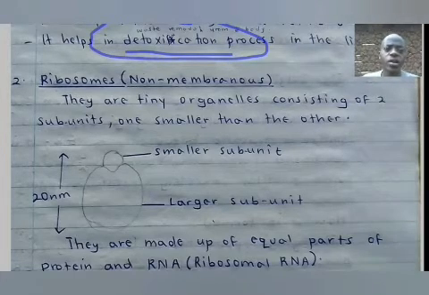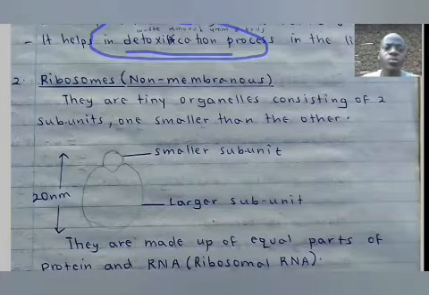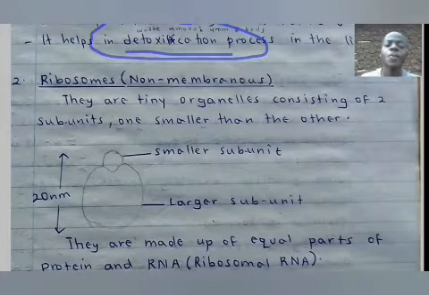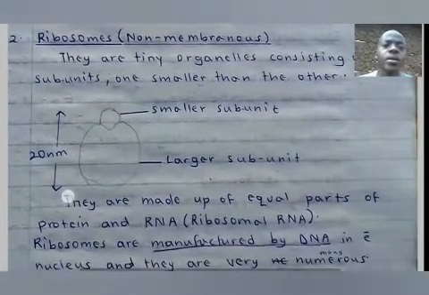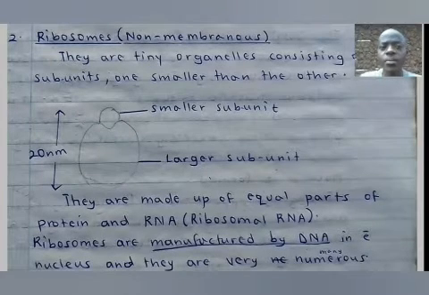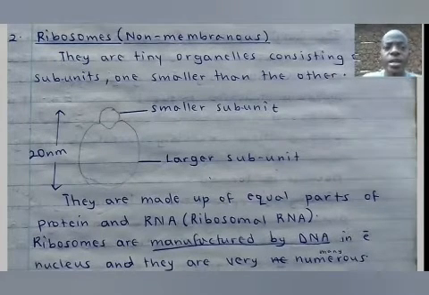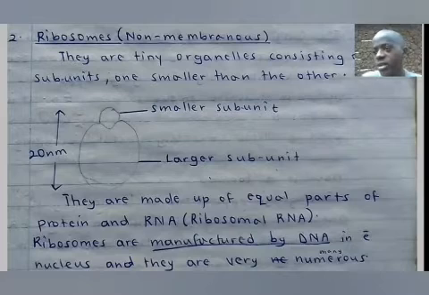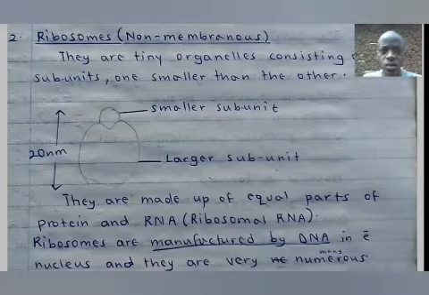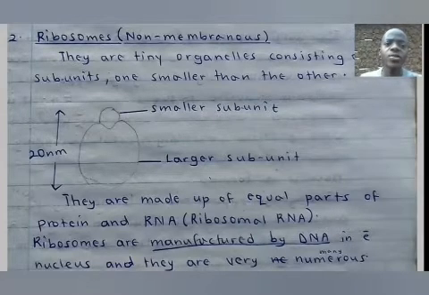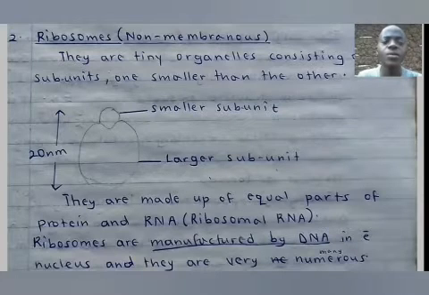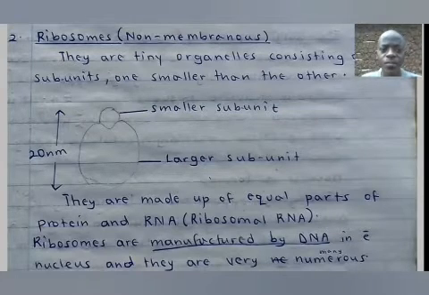So they are tiny organelles consisting of two subunits, one smaller than the other. And remember, they are non-membranous. They don't have a membrane bound around them.